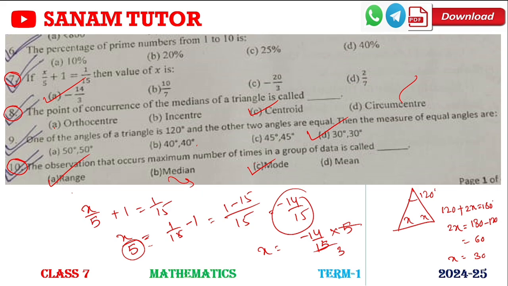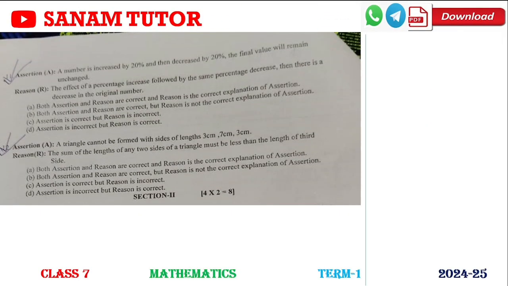Understand? Now next question, question number 11, assertion and reasoning. A number is increased by 20% and decreased by 20%, will the final remain unchanged? No, so this is false, because the actual formula is A plus B plus AB by 100.